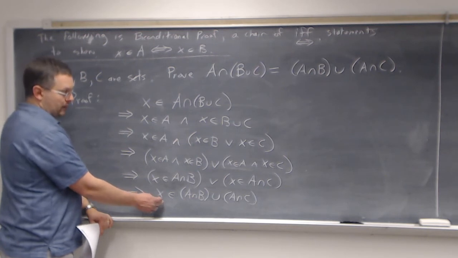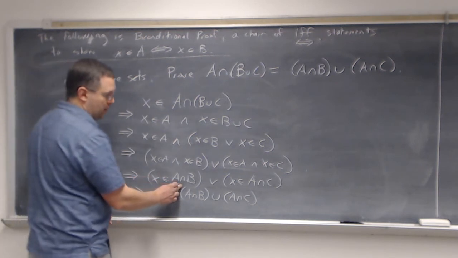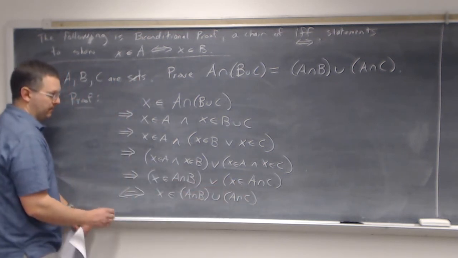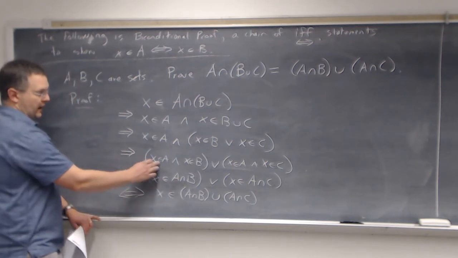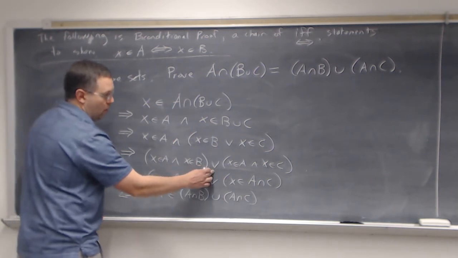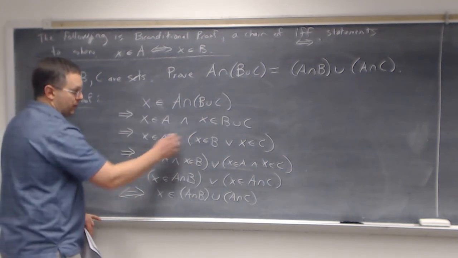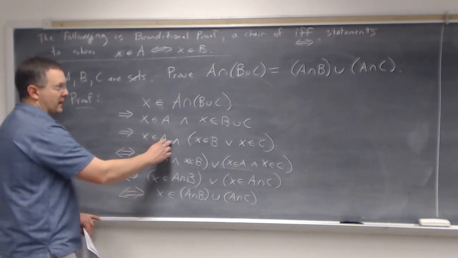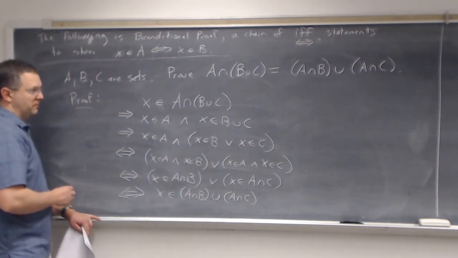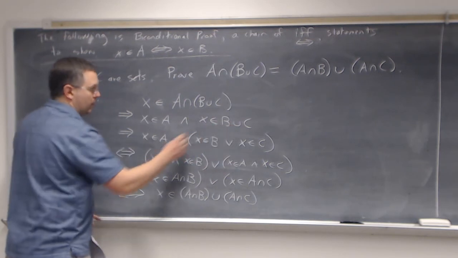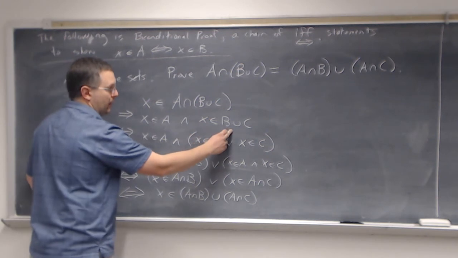Suppose x, you start with this. X is here. That implies that x is here. X is an element of A intersect B, or x is an element of A intersect C. But then I'm going to use the definition of intersection to imply that x is an element of A and x is an element of B, or x is an element of A and x is an element of C. And then by the distributive law, that implies that x is an element of A and, in parentheses, x is an element of B or x is an element of C. By the definition of a union, that implies that x is an element of A and x is an element of this set.